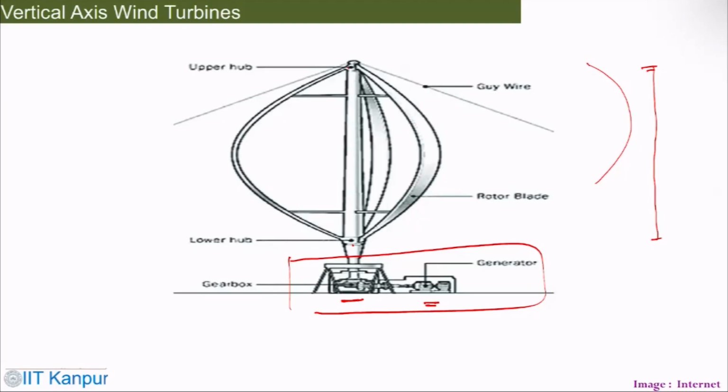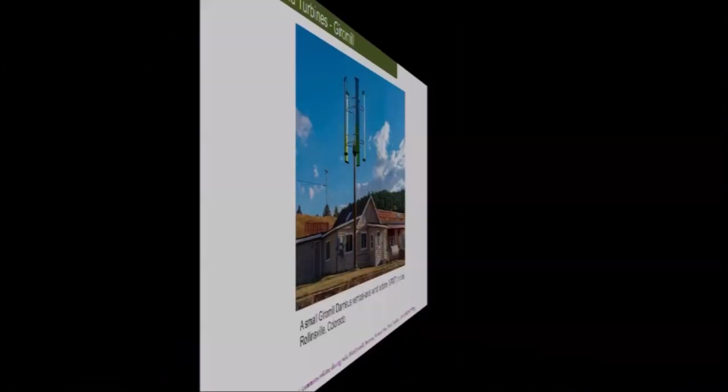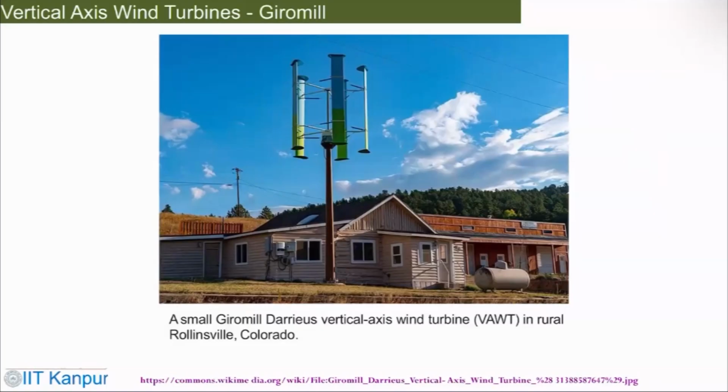Now you could see this particular one. This is another, a similar concept of a small gyromill Darrieus vertical axis wind turbine. This is in Colorado, where it has been installed.